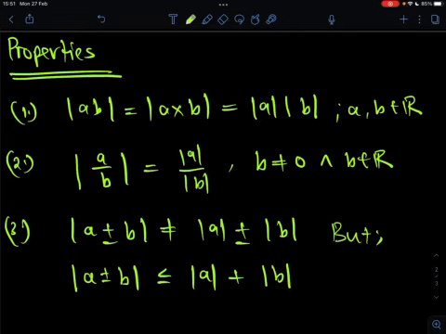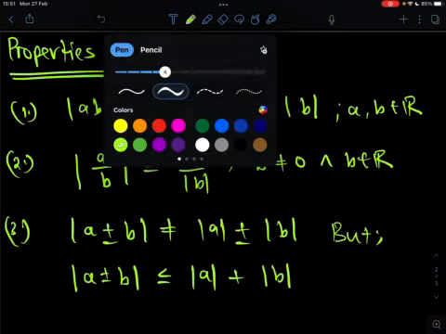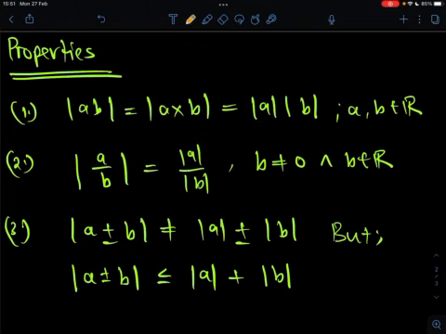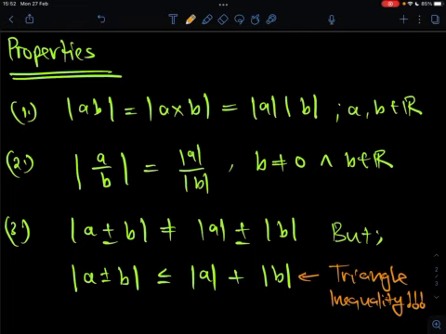So this is a very important inequality in real numbers, which also has a name and is known as the triangle inequality. It's very important to know, as at times it can be used for optimization purposes, which we are going to see maybe when we do some miscellaneous problems after the end of the discussion of the absolute function completely.